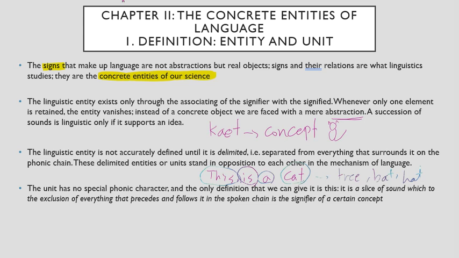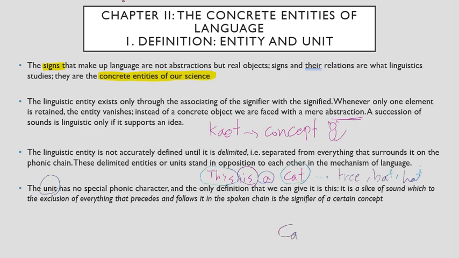The only definition that Saussure himself gives the unit of language here is that it's a slice of sound which, to the exclusion of everything that precedes it and follows it in the spoken chain, is the signifier of a certain concept. So what does this mean?